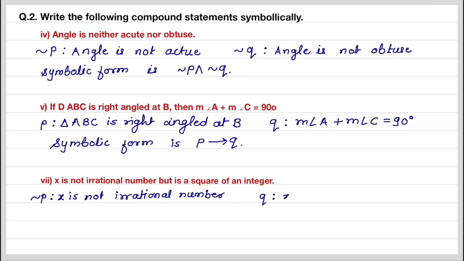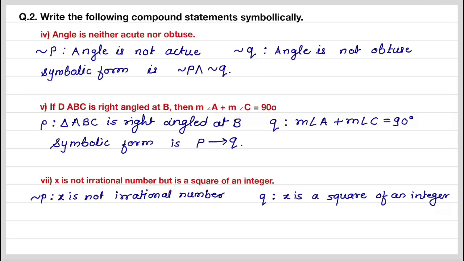And second statement, Q, X is a square of an integer. Which logical connective used is but, and we know but is used for and.